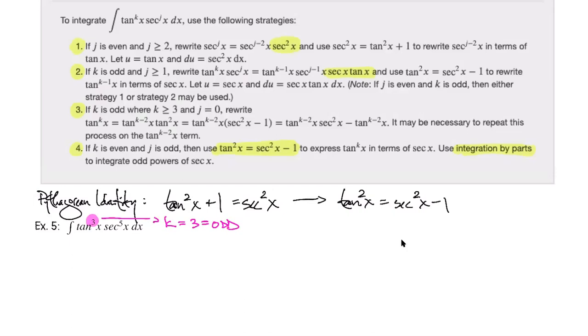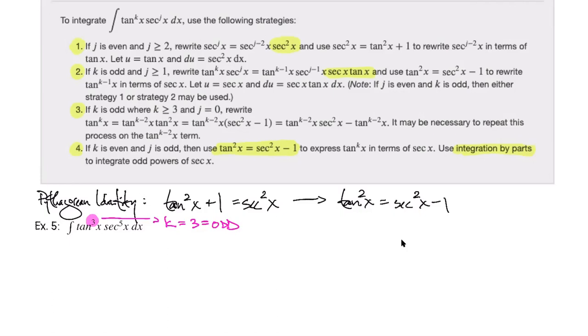Now, which one of those 4 rules or strategies might be helpful here? Yeah, that second one, because k is odd. How come it's not the third one? Because tangent's not by itself. There is a secant in there. So we've got to use strategy number 2.